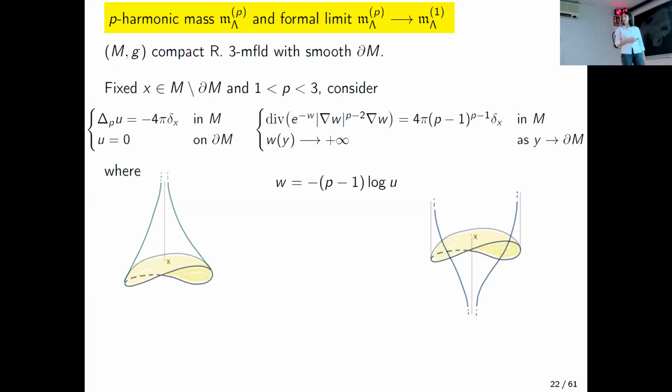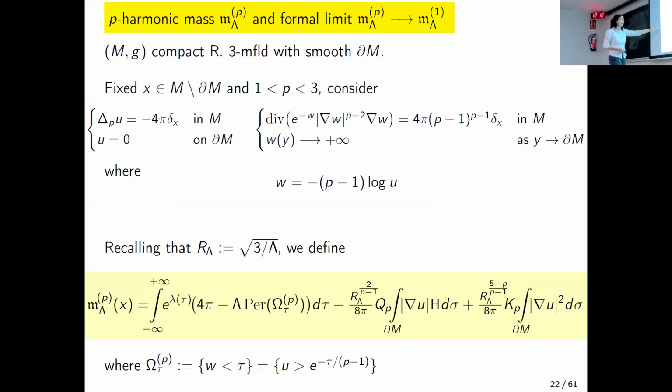If u is the p harmonic function, w is 1 over p minus 1 times log of u, and this satisfies this corresponding problem in M, okay? So u goes to plus infinity at the pole and 0 at the boundary; vice versa, this w goes to minus infinity at the pole and towards the boundary goes to plus infinity.